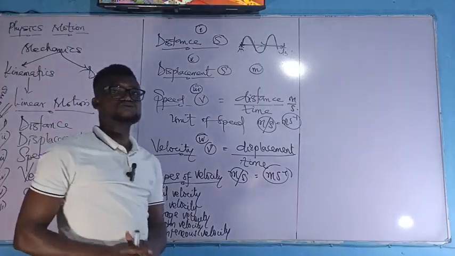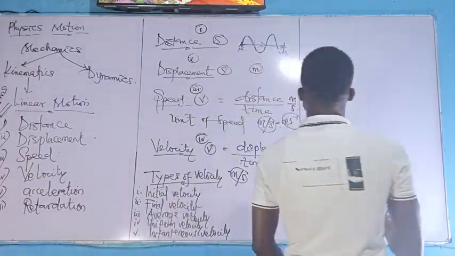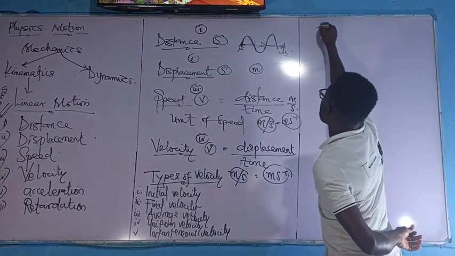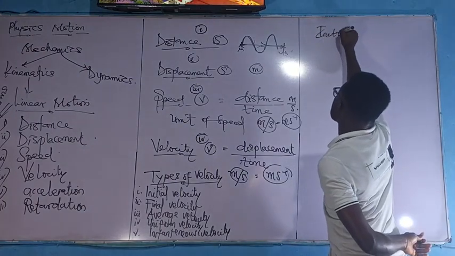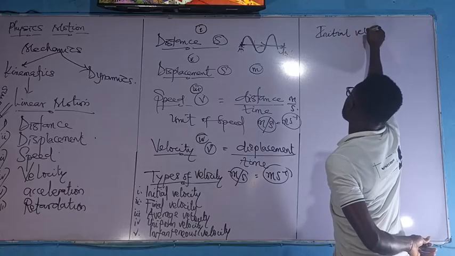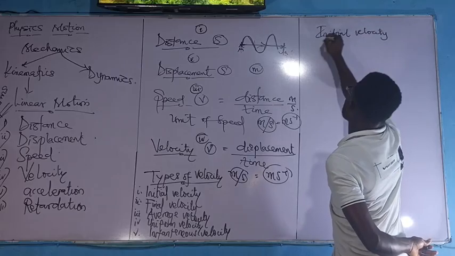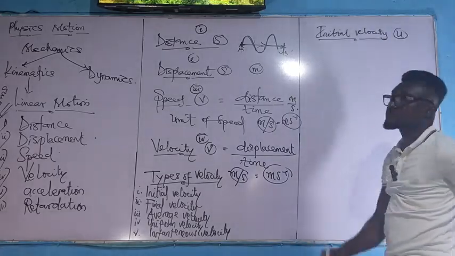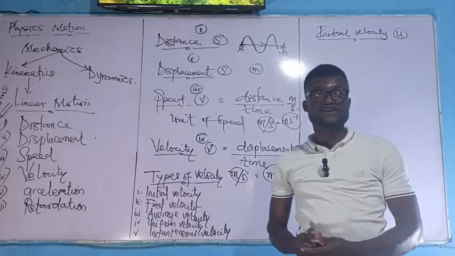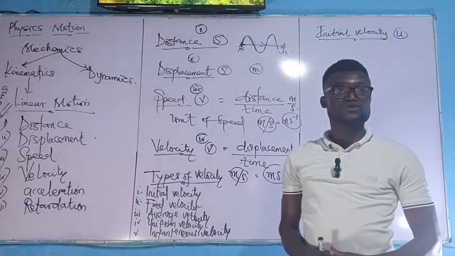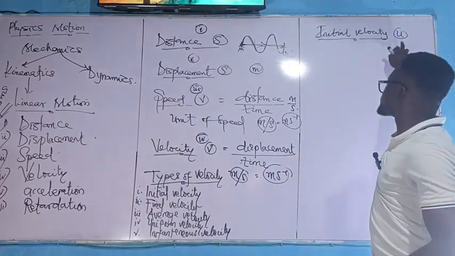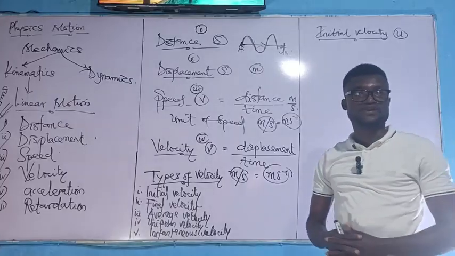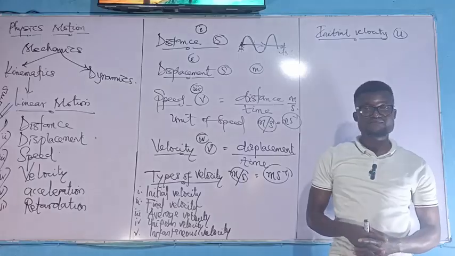Now we are going to start with initial velocity. Initial velocity is denoted with small letter u. That's the symbol of initial velocity.